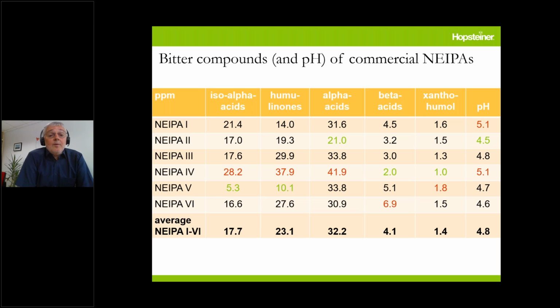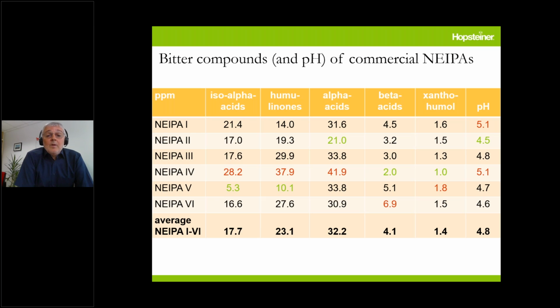So for isoalpha acids, the range was from a very low value of 5.3 up to 28.2. For humulinones, the range was from 10.1 to 37.9 ppm, milligram per liter.